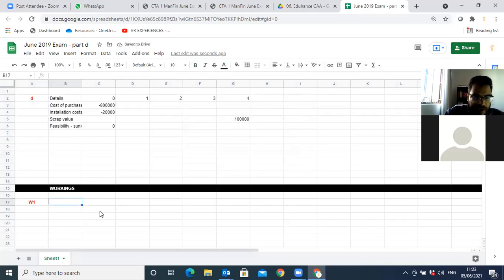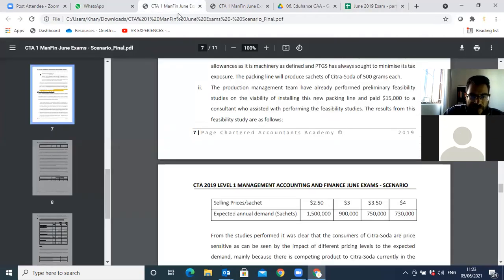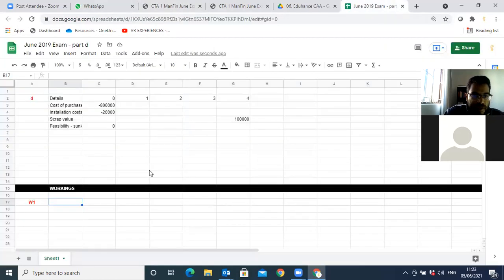So what did we have? We go back. We had selling price and expected demand. So selling price per sachet, and expected annual demand.